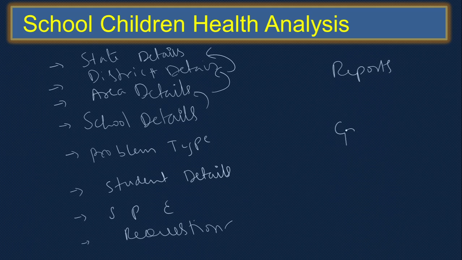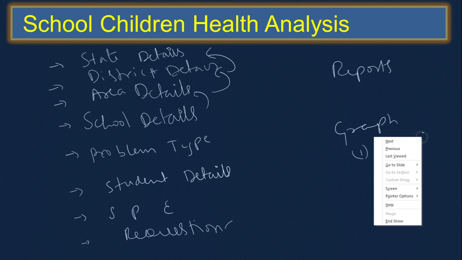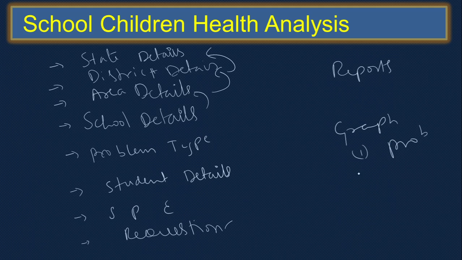For analyzing we'll have graphs. One graph will show what the problems are and how many there are. The second graph will show state-wise problems. It's around 14 to 15 forms in this project. If we make this much, it makes a small project or a database mini project. I'll demonstrate and show you the whole concept now, then we'll get a better idea.